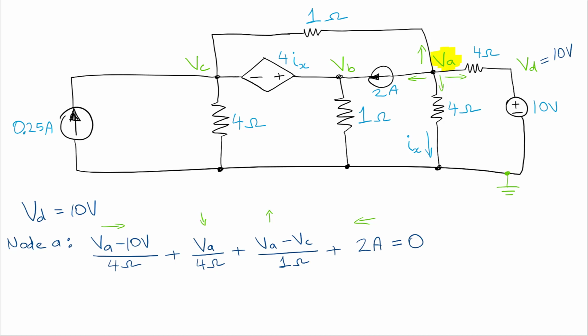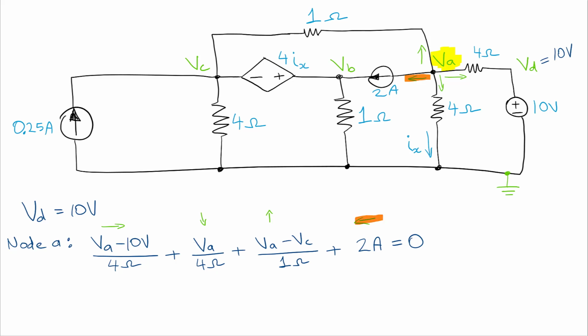And then we have the current going up, so we're going to do this one. Our starting point is VA, and then we go all the way through that 1 ohm resistor to VC, so that's what we see on the other side of the equation, VC, divided by 1 ohm, which is the resistance. And then finally we have the current flowing to the left, so that's this term.